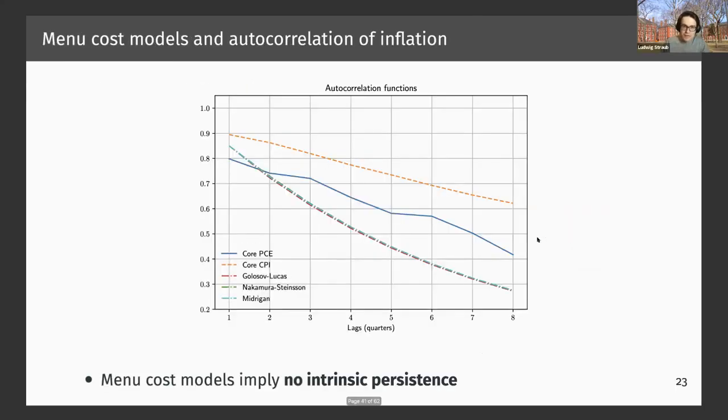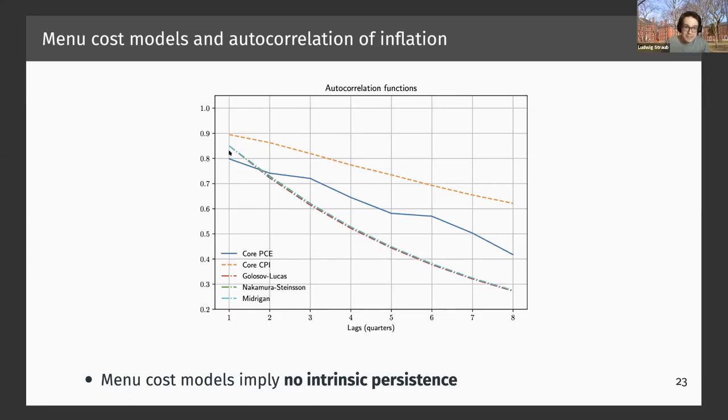Okay, and if we do that, this is what we find. The two inflation autocorrelations are still there, orange and blue, and then the three menu cost models are these dashed and dot-dashed lines. What you see is that all three lines are on top of each other, and none of them generate enough persistence for inflation in the data.